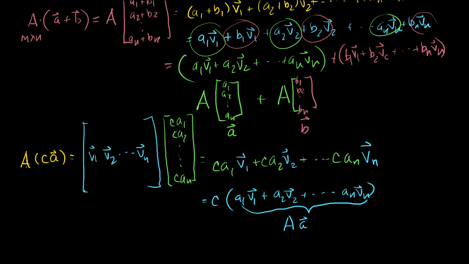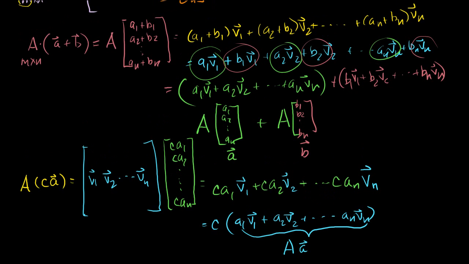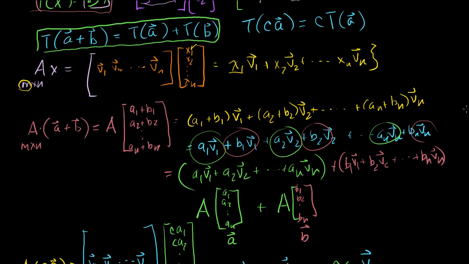So I just showed you that if I take my matrix and multiply it times some vector that was multiplied by a scalar first, that's equivalent to first multiplying the matrix times the vector and then multiplying by the scalar. So we've shown you that matrix vector products satisfy both conditions of linear transformations.